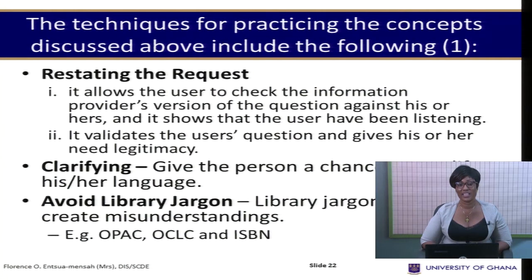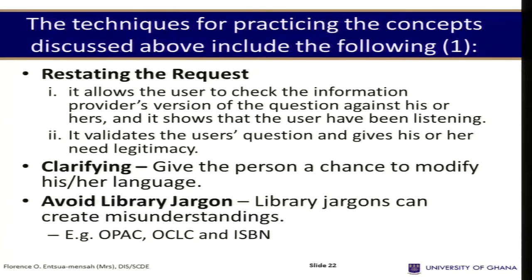It also validates the user's question and gives the provider a way to help the user to satisfy their information needs. The next one is, when you find yourself in that situation, give the user the chance to modify his or her query or request.